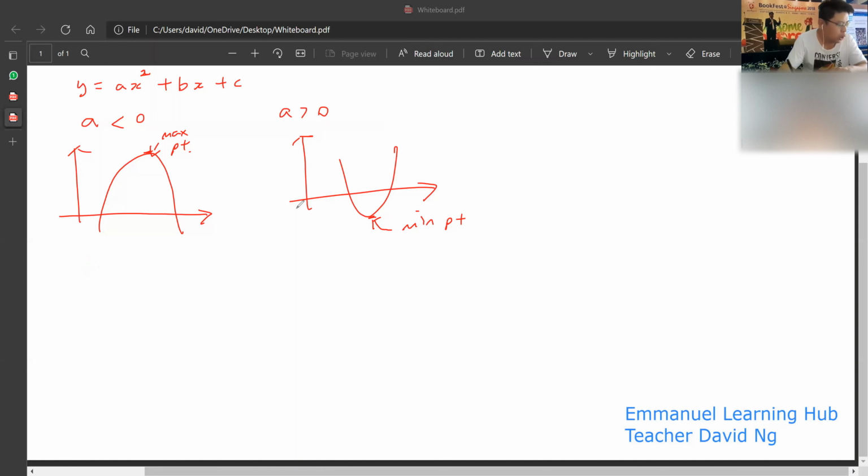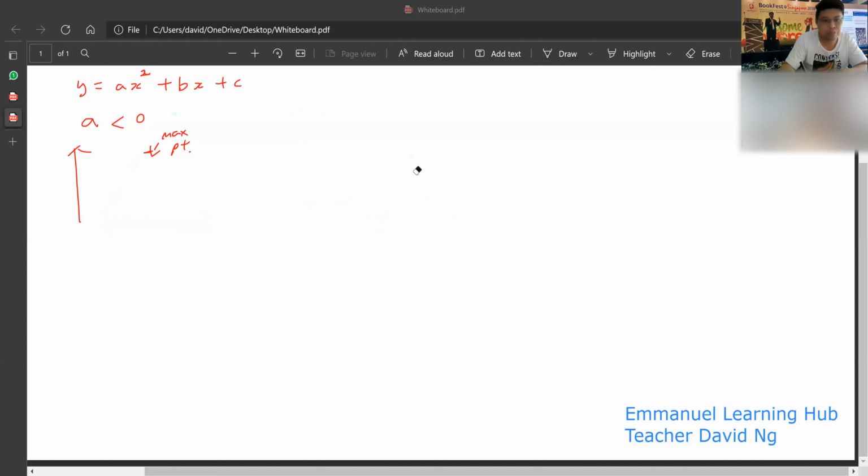Okay, next we're going to take a look at factorizing an expression. I'm going to factorize an expression and state the coordinates of the turning point.